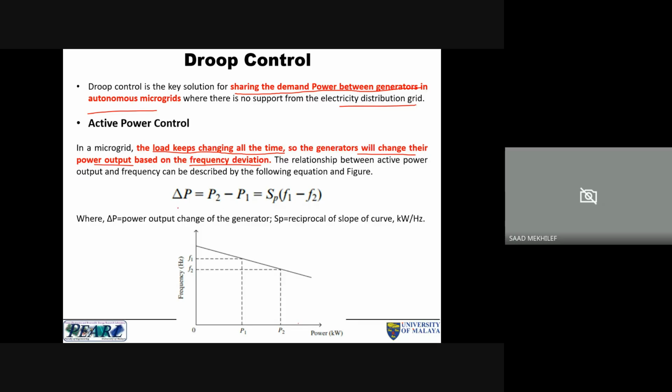When the load changes, it automatically leads to a change in their power output based on the frequency deviation. It can be described by this formula, or maybe from this graph, which is much easier. Here we have the power, and here we have the frequency.